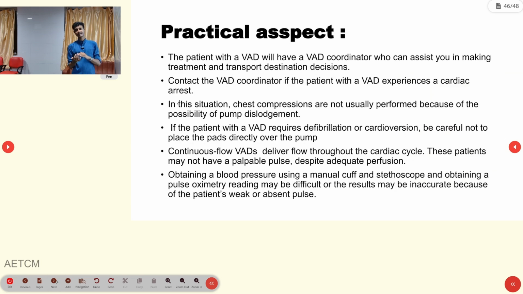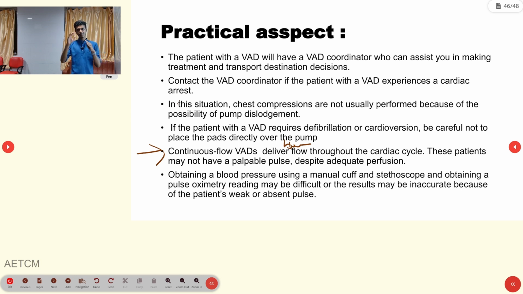So some of the practical aspects. Like we told, the continuous flow VAD will deliver flow throughout the cardiac cycle. In this case, palpating the pulse, obtaining the blood pressure through a sphygmomanometer, and taking pulse oximetry is quite a bit difficult, because there is continuous flow, there won't be a relaxation, there won't be a contraction.